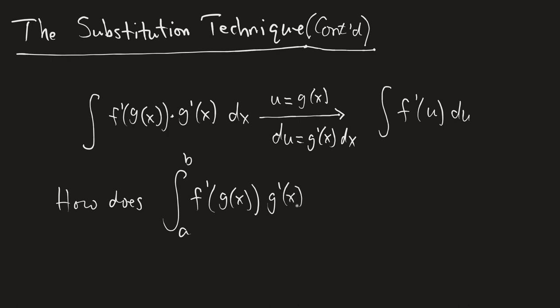Can we mimic this particular process illustrated above? Can we somehow apply it to this? How can this definite integral get converted to another definite integral in terms of u?